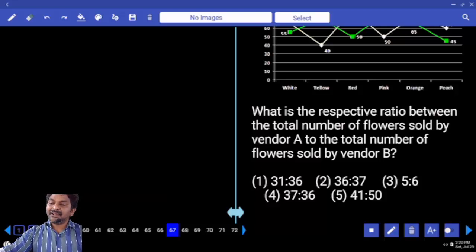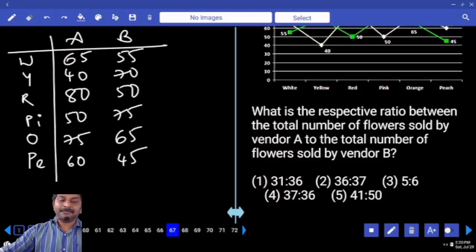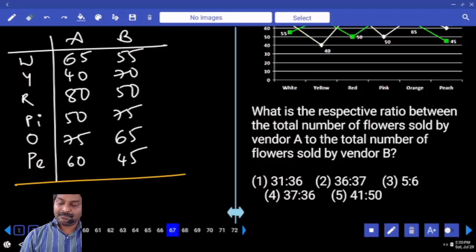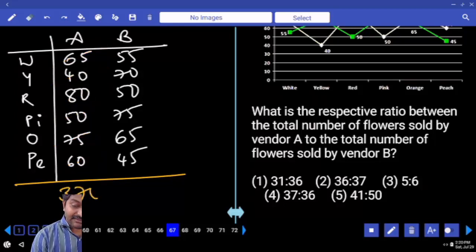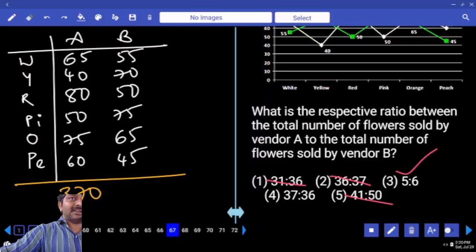What is the respective ratio between total number of flowers sold by vendor A to vendor B? So it is about total, right? A to B, right? So now 65, 75, 140, 60. Total so far 240 plus 80, 320 plus 50, 370. Correct? How many options are there? 2 options are there. Even 5 is also a factor of 370, right? So you can't answer the question now.